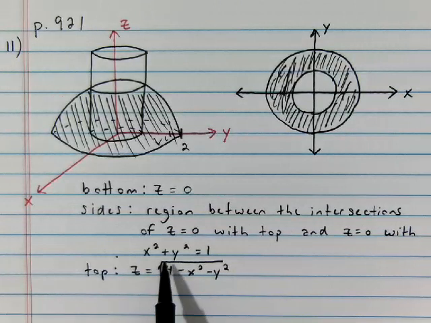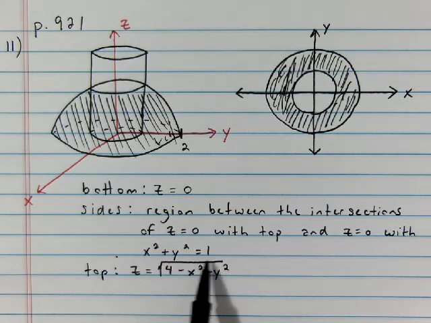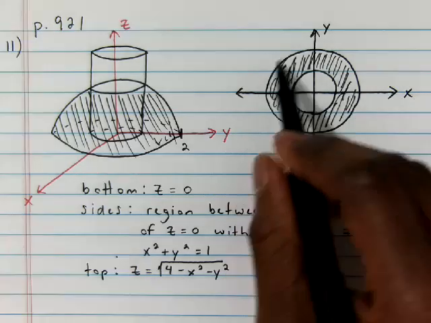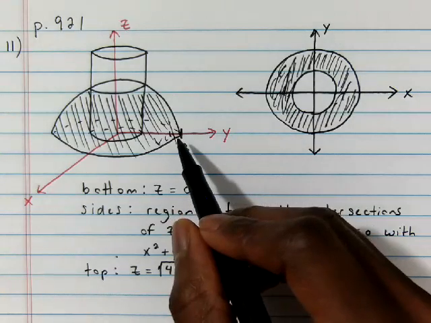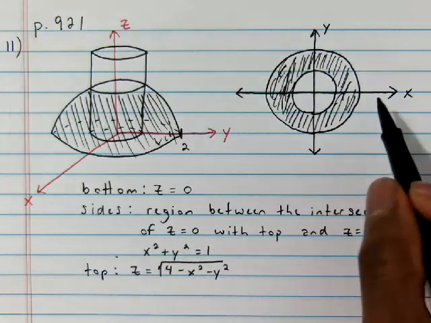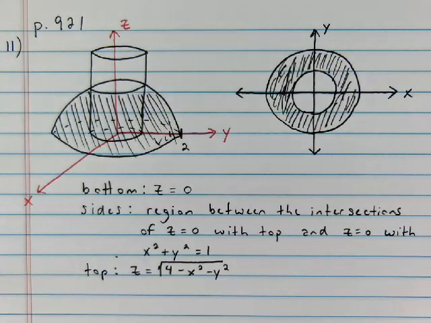So we already can quickly see what the intersection of z equals 0 is. It is just that circle. Now we need to look at the intersection of z equals 0 with this right here, and that will give us what that outside circle is. Now, of course, with this 3-dimensional sketch, you all can easily figure out what that is, but I just wanted to go through it that way as well.